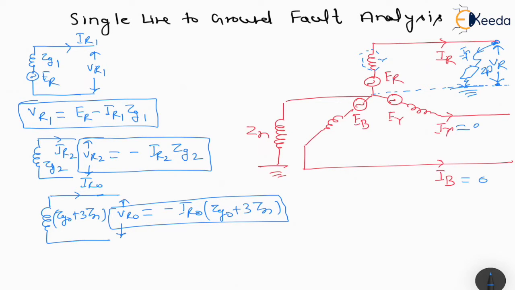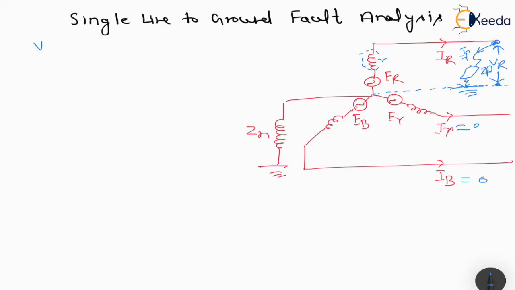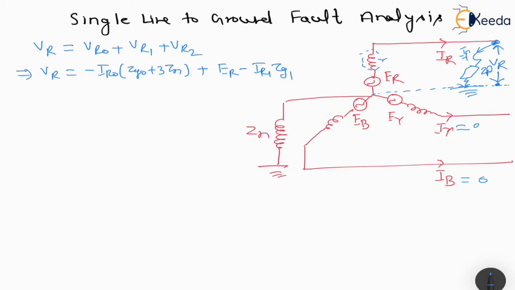So now I am going to put these values of VR0, VR1 and VR2 in the total voltage VR. We can write the value of VR is equal to VR0 plus VR1 plus VR2. Putting all these values, the value of VR will be equal to minus IR0 into ZG0 plus 3ZN, plus VR1 which is ER minus IR1 ZG1, plus VR2 which is minus IR2 into ZG2.